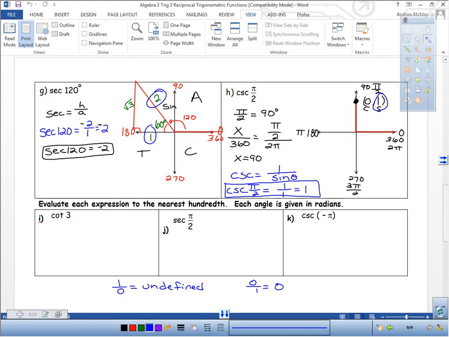Did we get into radians? Yes? Okay. Who did not get into radians? I don't know how to change my calculator right now. Give me a second. What happened to my recording?